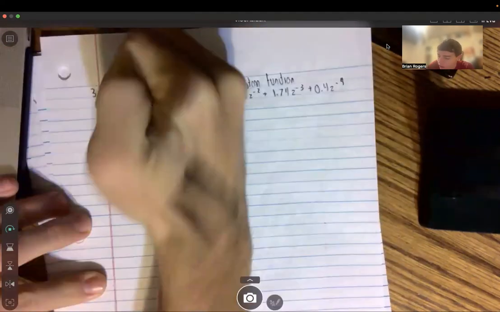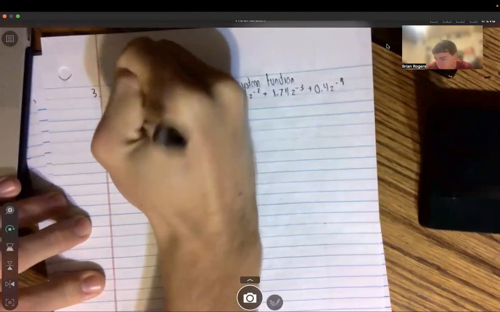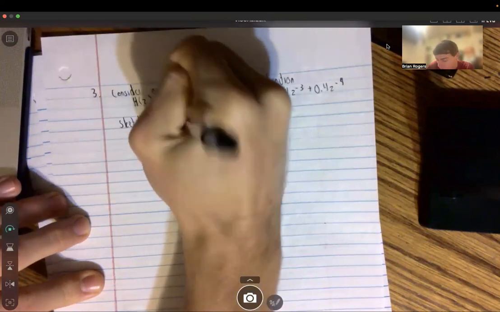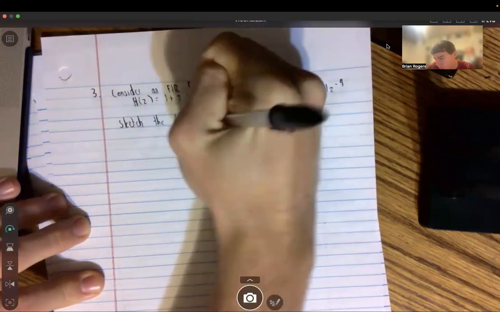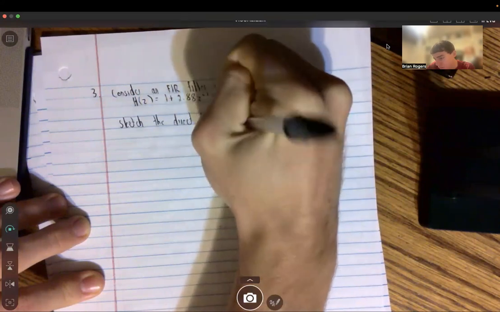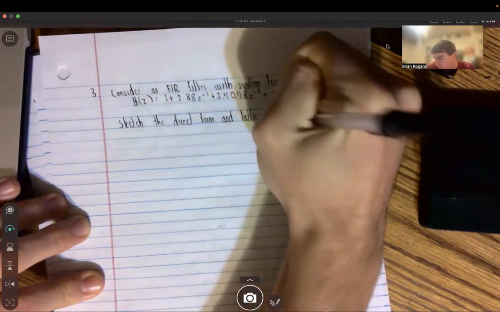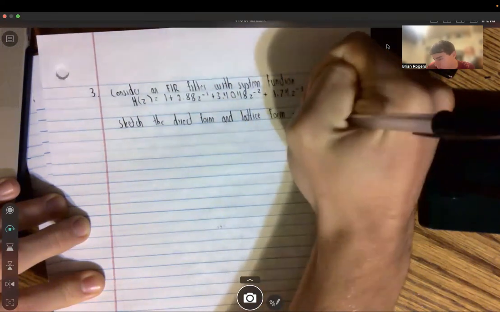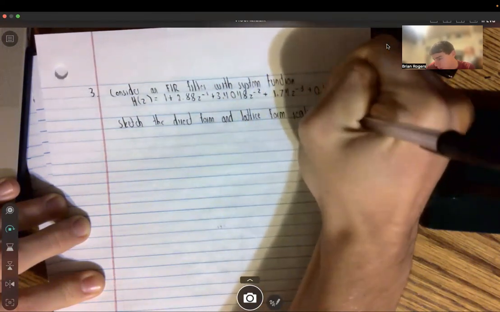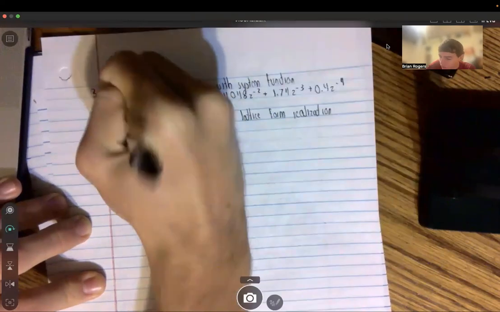So they say sketch the direct form and lattice form realization of this filter.